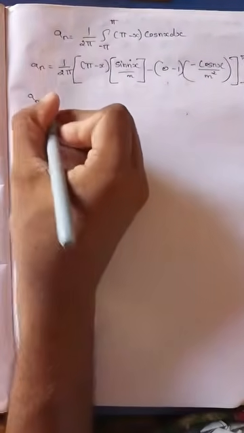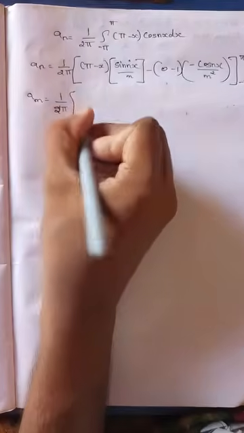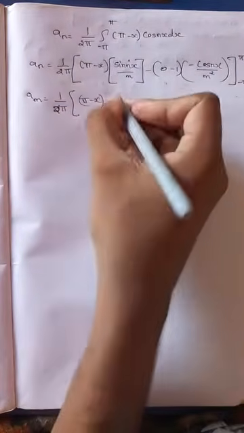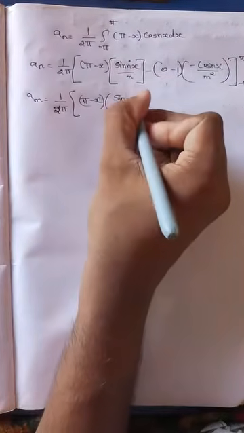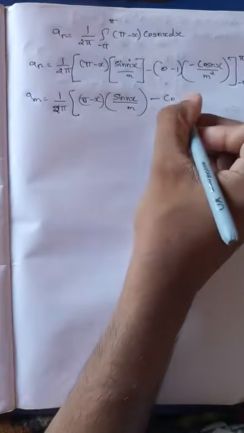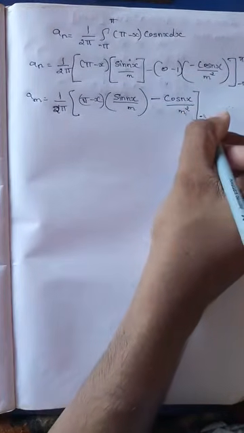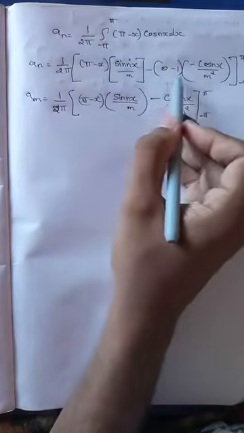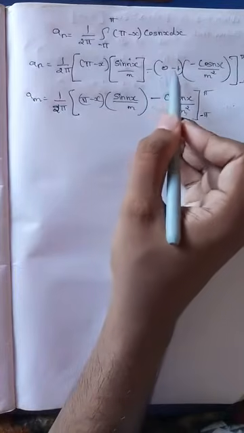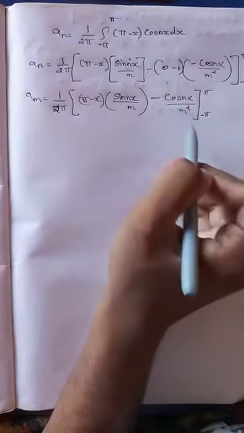So an is 1 by 2 pi, pi minus x, sine nx by n minus cos nx by n square. So 0 minus 1 is minus 1, so minus into minus, plus, so plus 1 into minus minus, so minus cos nx by n square.